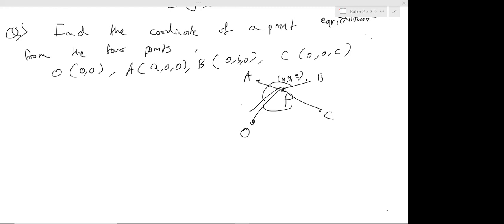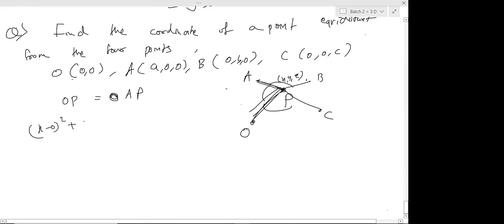See, first we can write OP equals to OA, right? Sorry, not OA, AP. AP equals to OP. So what will the distance OP will be? x minus 0 whole square plus y minus 0 whole square plus z minus 0 whole square. And if I square both sides, then under root will cancel, and this will be equals to AP.